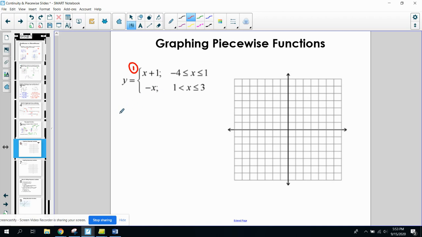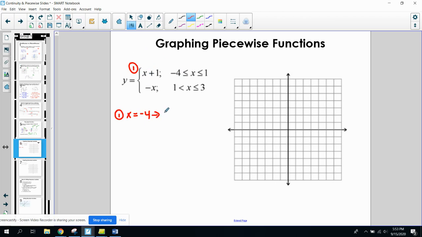So down here, what I'm going to do is I'm going to write out the steps. When you're doing this, you don't necessarily need to write out every step, but I'm doing this to show you how to do this. So the endpoints are -4 and 1. So I'm going to check the endpoint when x is -4. All right, so I'm taking the left endpoint first. What I'm going to do is plug that in for x in this equation.